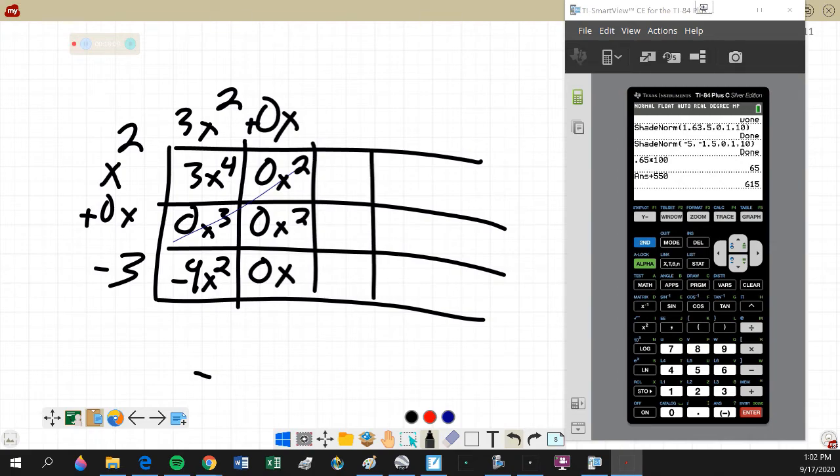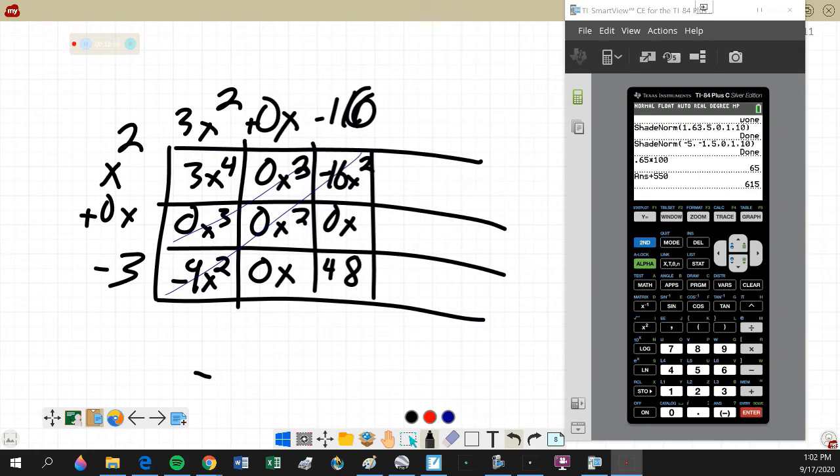These need to add up to be negative 25. Oops, that's a 16. So 0x, and I believe 48.